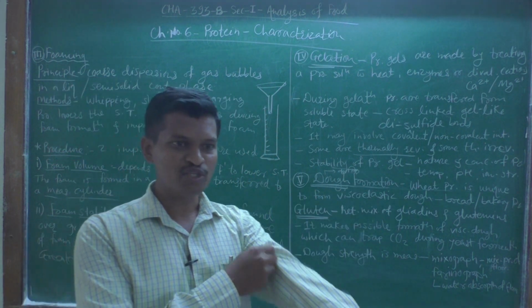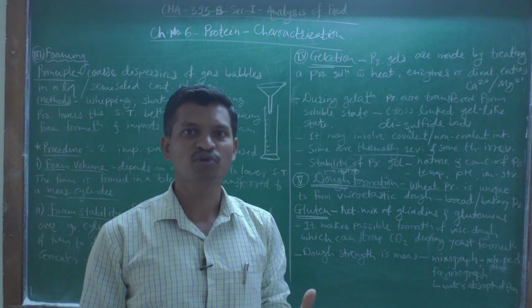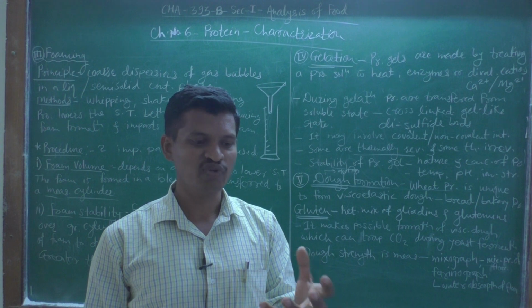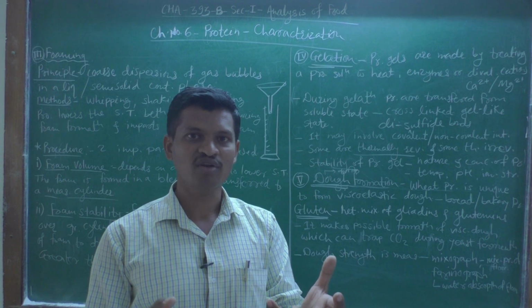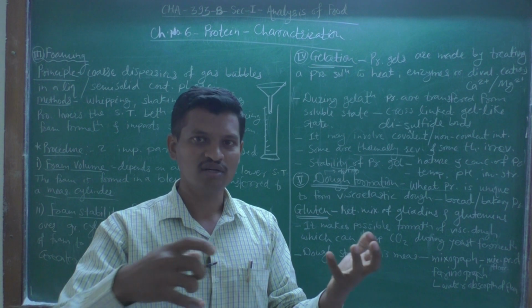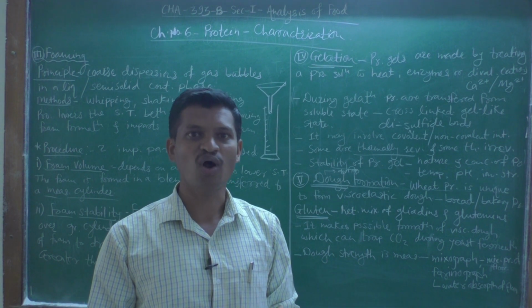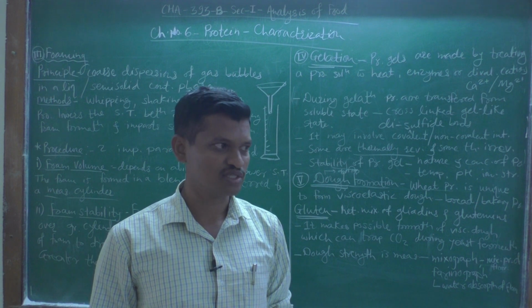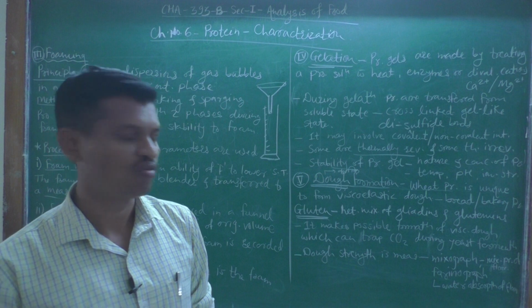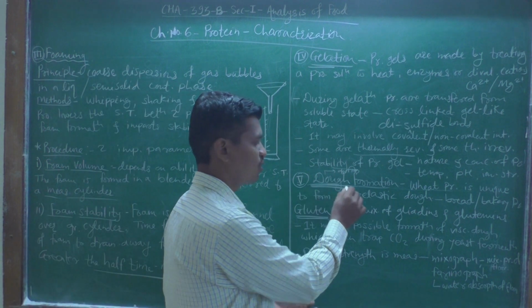When a flour is mixed with water, for example wheat flour, gehu ka pit, and water is added to that wheat flour, what is the result that all of you know? That wheat flour gets converted to a dough. We call it a dough.